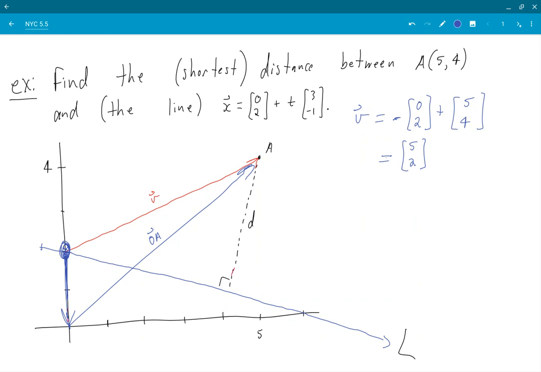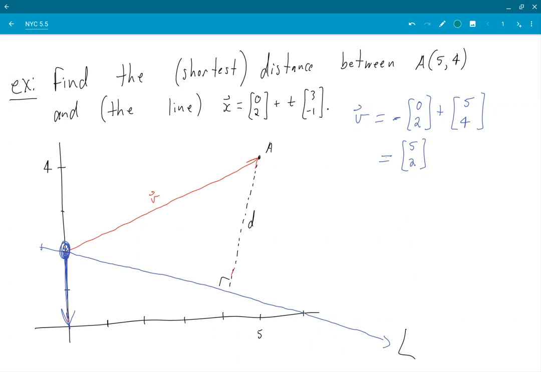Now if I clear up my picture here, what do I want? It looks like I want the projection of V onto this line, right? Well, not quite the projection, I want this perpendicular. But I'll need the projection first.